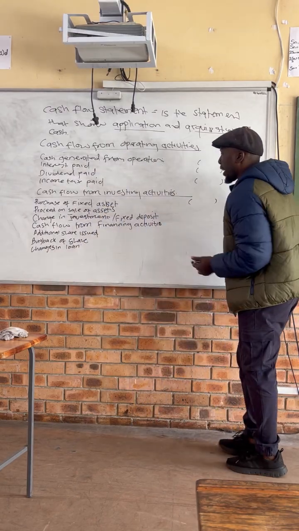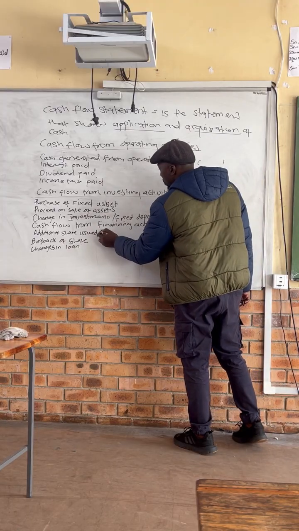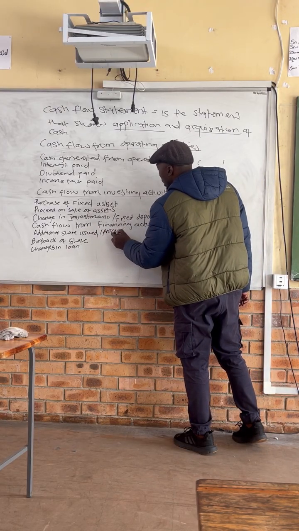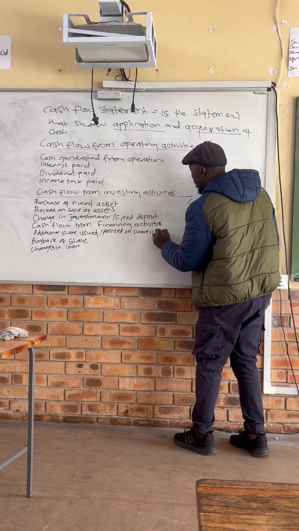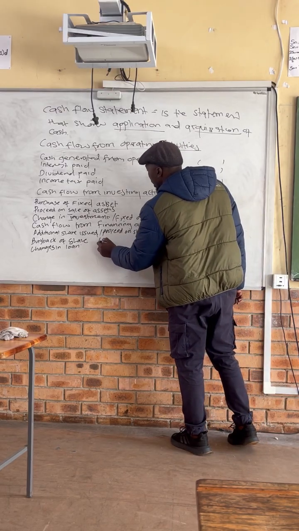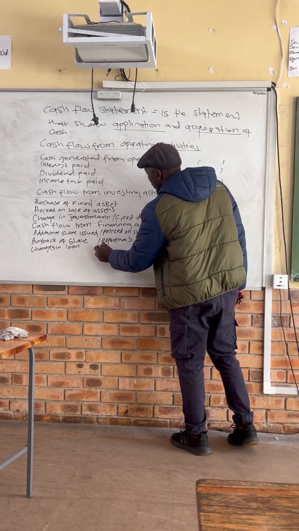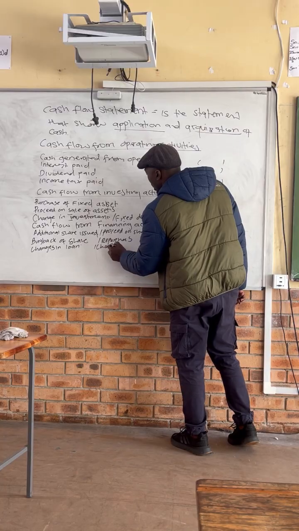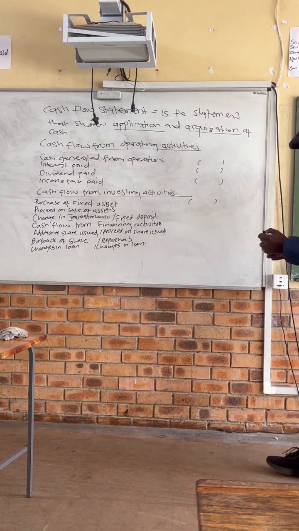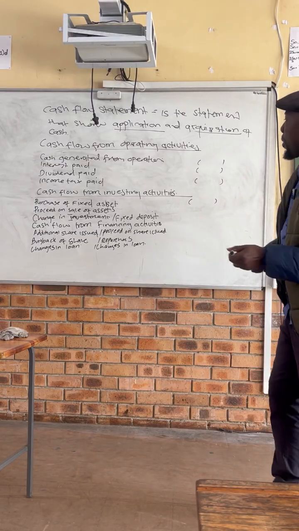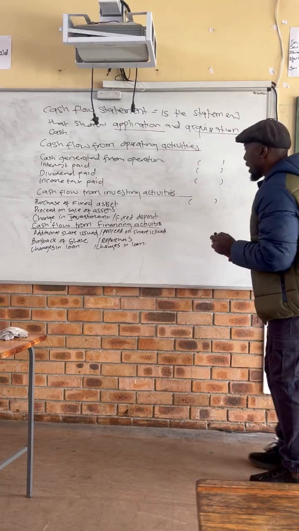But I also tell them if you are given this, you must know here we have proceeds on shares issued, and then repurchase, and then here again changes in loan. And not to forget the money that we already have in our bank account, because we are looking at where do we get our money.